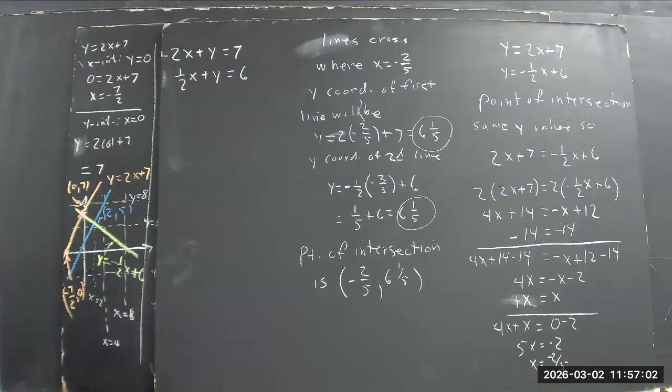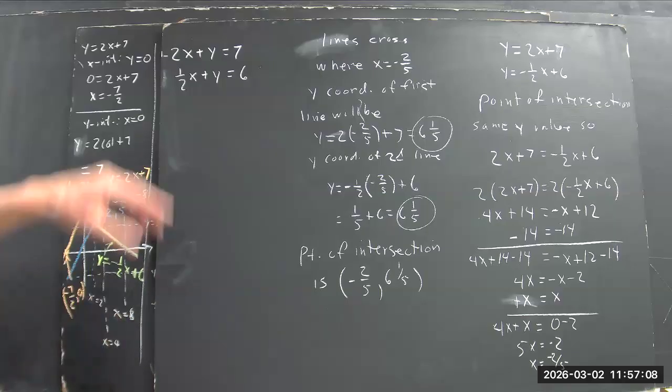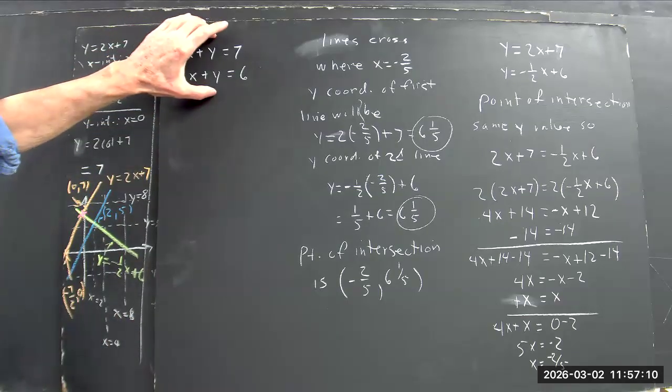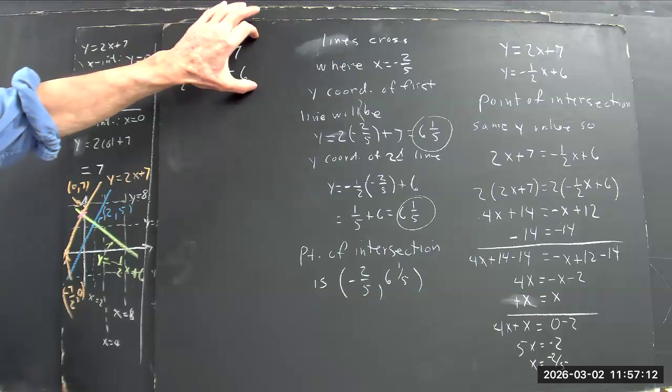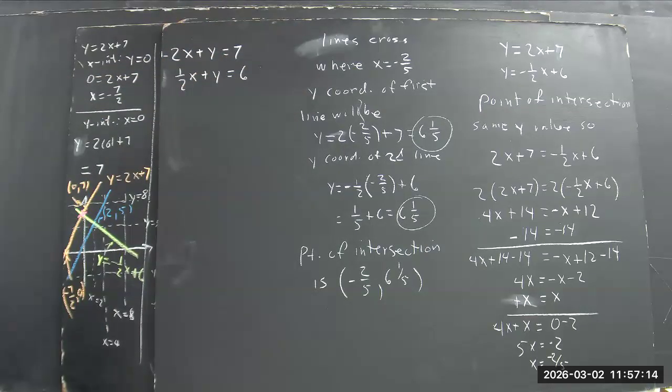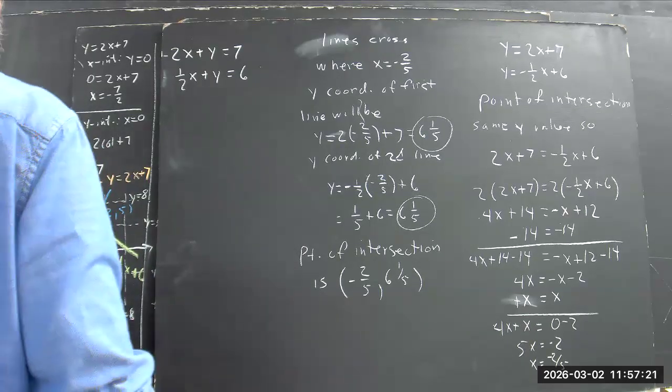Okay? There's another way to solve these equations. There's another way to solve two equations, which is to write all your x's and y's on the left and the numbers that are left over on the right. And this solution process is called the process of elimination.